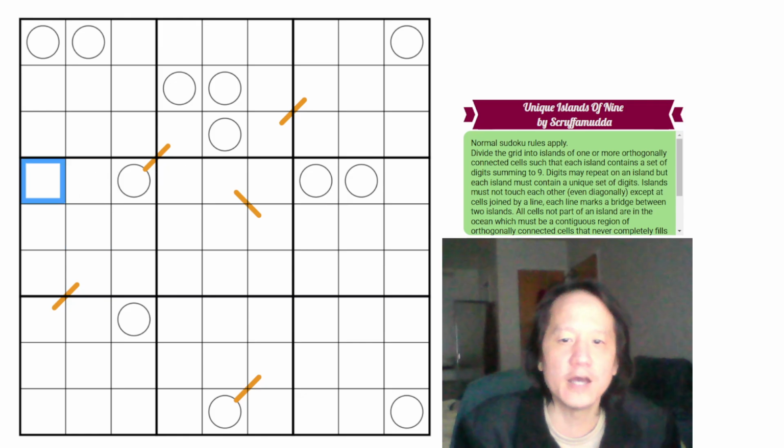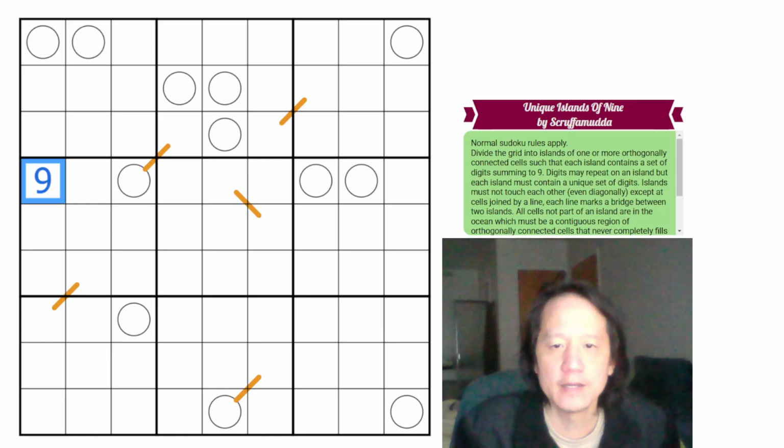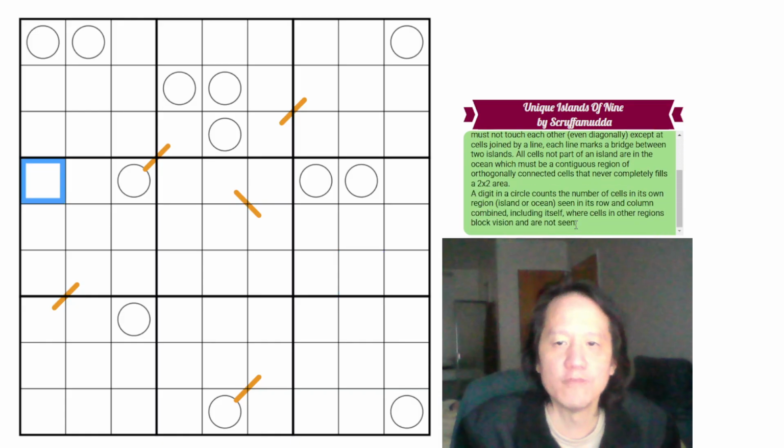So say you had an island of just a 9, right here. That would mean there is not another island which is also 9, because we already used the unique set of digits of 9.